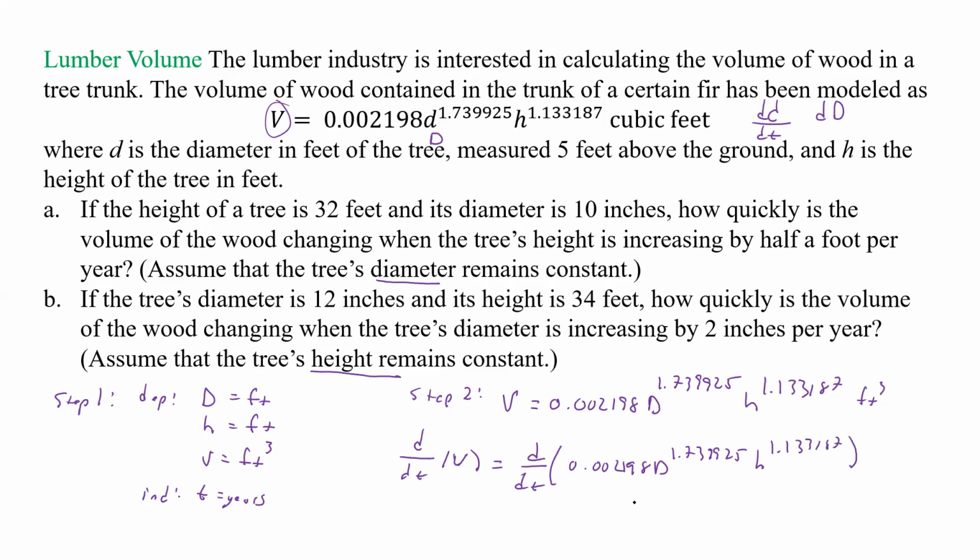All right, so now we go to the next page, and hopefully we can get all this on the next page. And so we'll have dV dt, and that was equal to 0.002198. Now this time the constant was D, so it's just still D to the 1.739925.